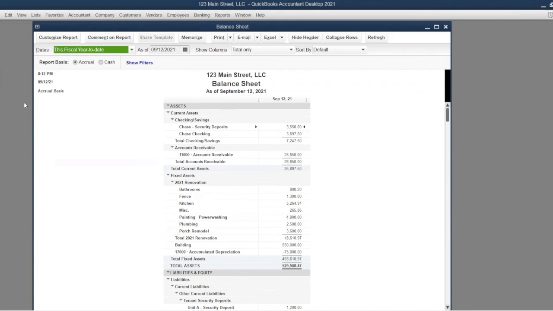Now we're at 475,000, but we just spent 18,610.97 in improvements. That's where you get to your 493,610.97.